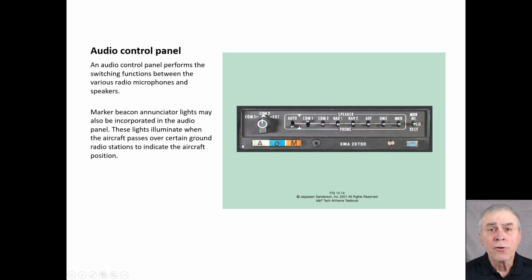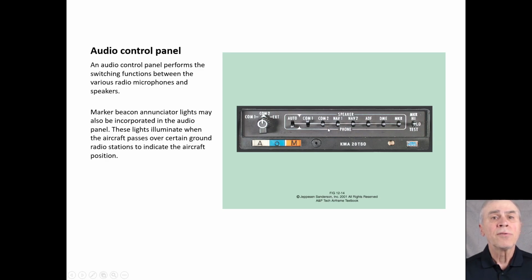The audio control panel that the pilot uses basically has ILS included. The markers, you can see the three different colors of the markers. I'm sorry, I kind of presumed this was going to be ILS.